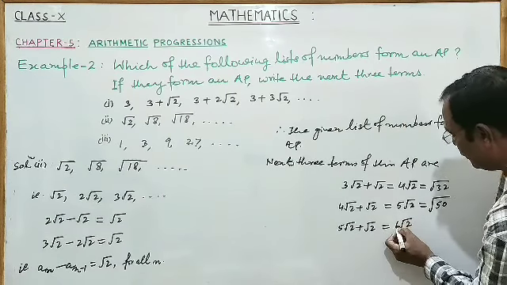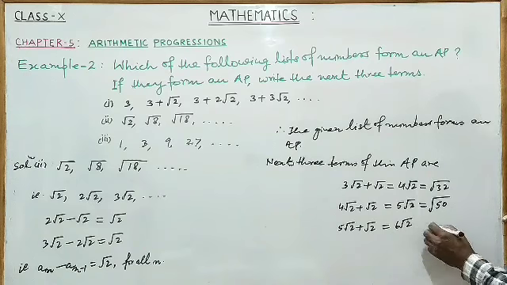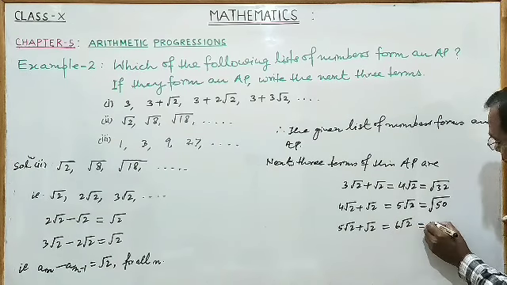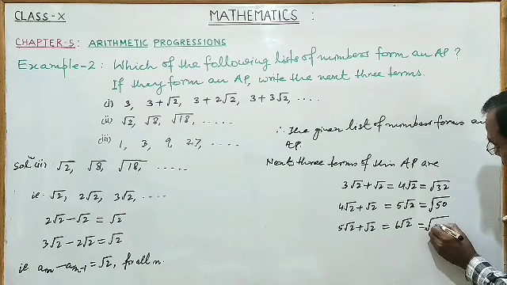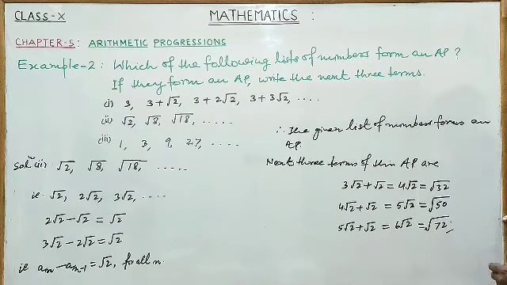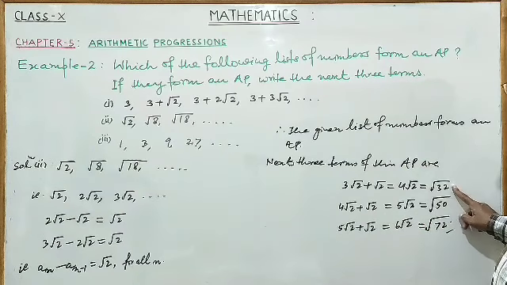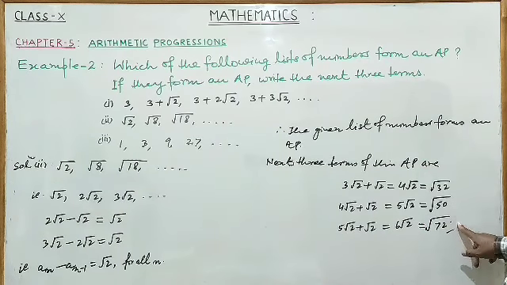When 6 goes inside the radical sign, it will be 6 square, so 36 into 2, 72. So the next three terms of this AP are under root 32, under root 50 and under root 72.